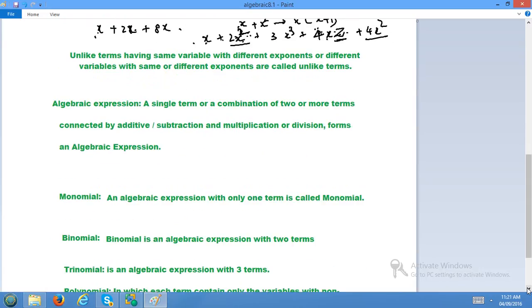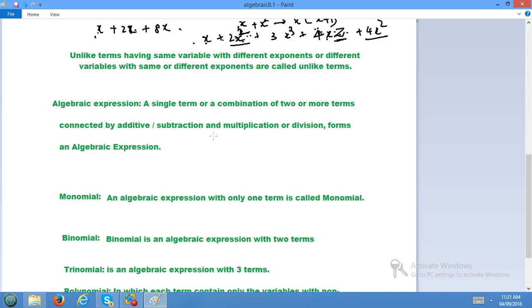Next, algebraic expression. What do you mean by algebraic expression? A single term or a combination of two or more terms connected by addition, subtraction, multiplication or division forms an algebraic expression.